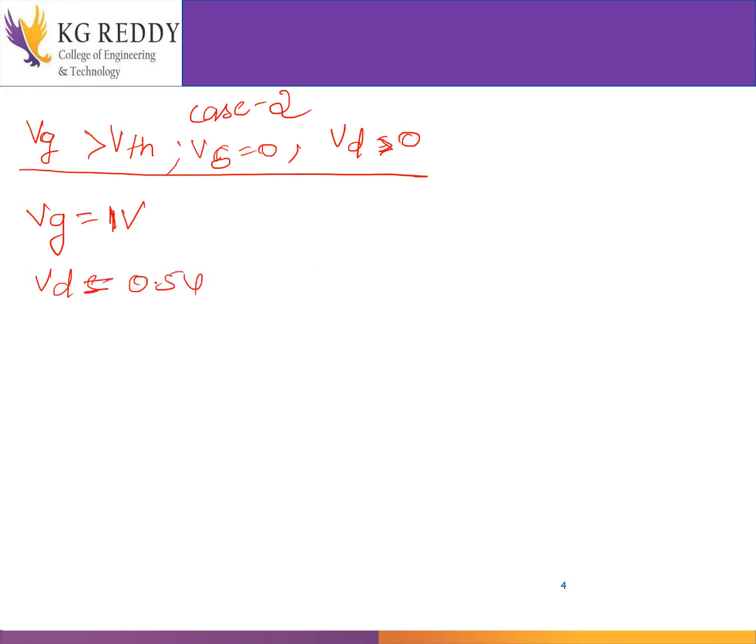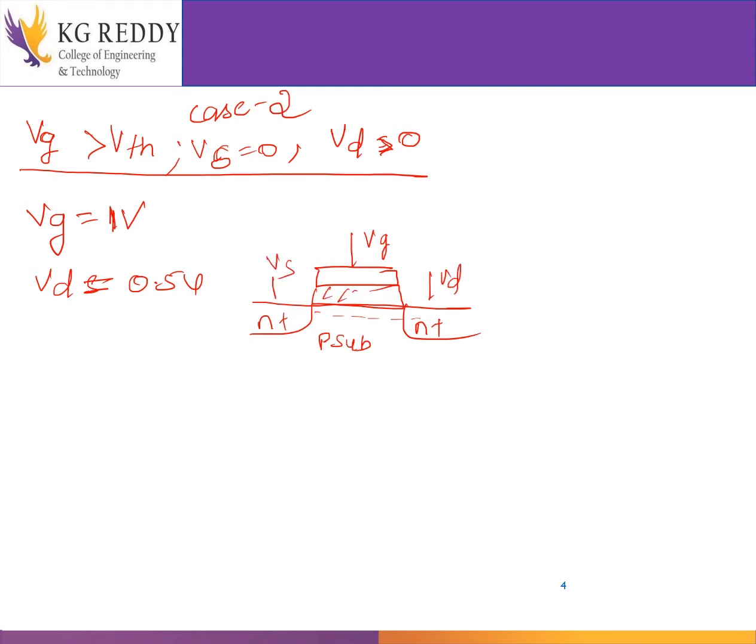Now if I draw a MOS transistor, this is n plus, the channel is here, P substrate, Vg, Vd and Vs. This is oxide and this is the polysilicon gate, and Vg is equal to 1 volt, Vd is greater than 0, Vs is equal to 0. This is what we have given.